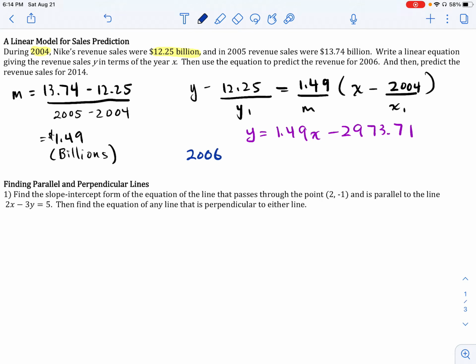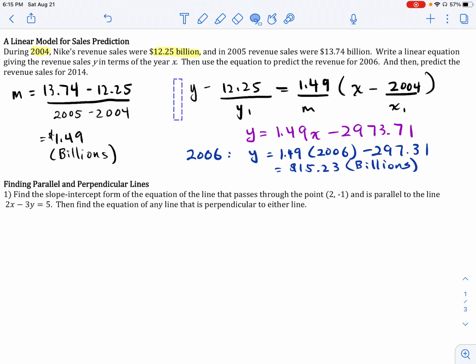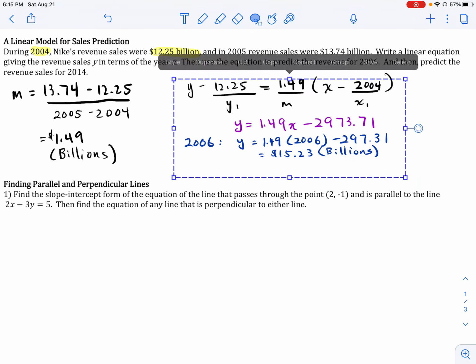So assuming we're going to have the same rate of change, we can say in 2006, y is equal to 1.49 times 2006 minus 2973.71, which comes out to 15.23 billion, assuming that they're going to grow by the same amount that they did in the previous year, or using the same amount of change every single year.